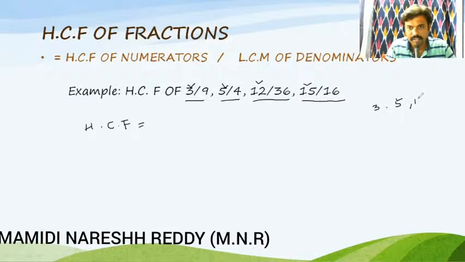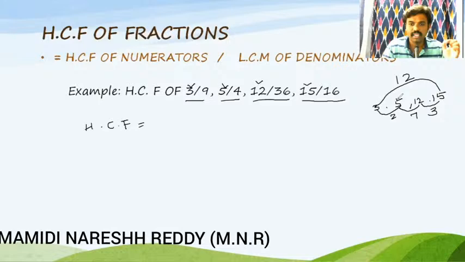Generally, to find the H.C.F, we need to find the difference of each two numbers. So 5 minus 3 is 2, 12 minus 5 is 7, 15 minus 12 is 3, and 15 minus 3 is 12.